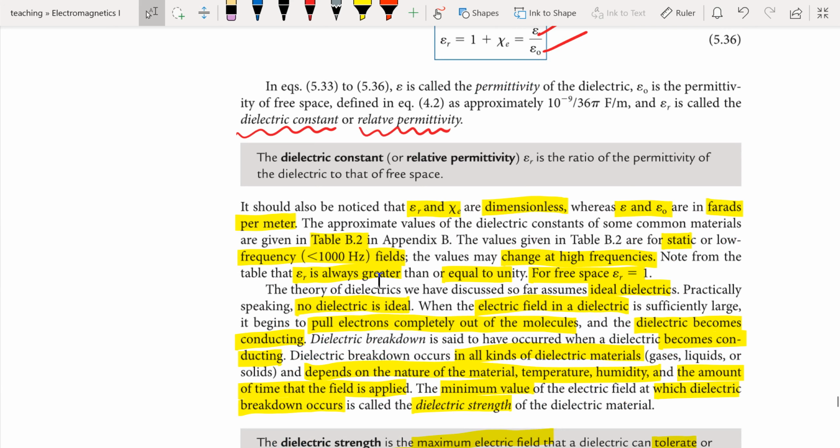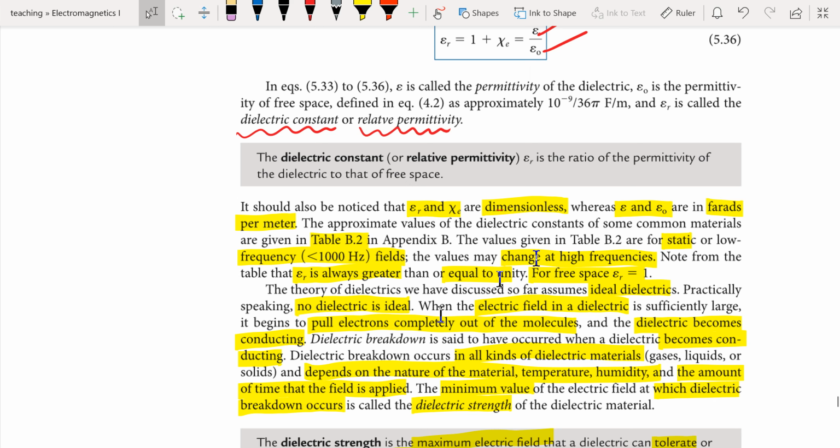That is the definition of the dielectric constant epsilon r. It should also be noted that epsilon r and psi E are dimensionless, whereas the epsilon itself and the epsilon naught are in farads per meter.